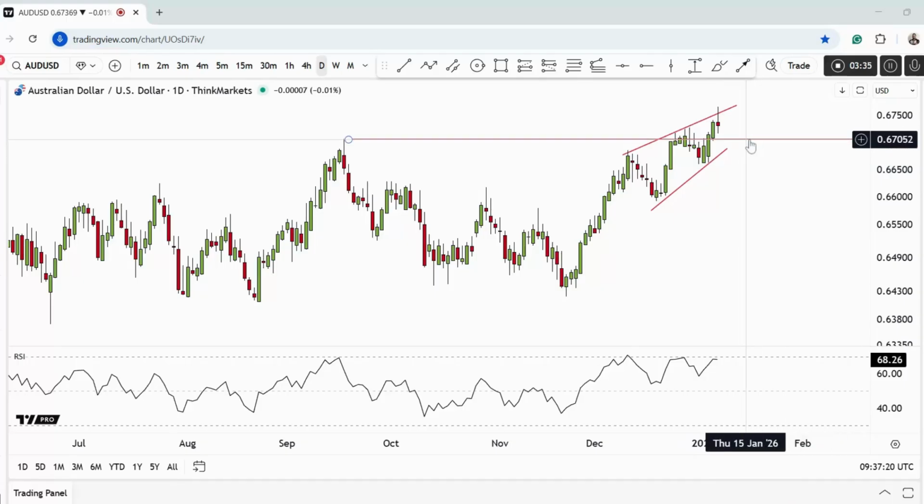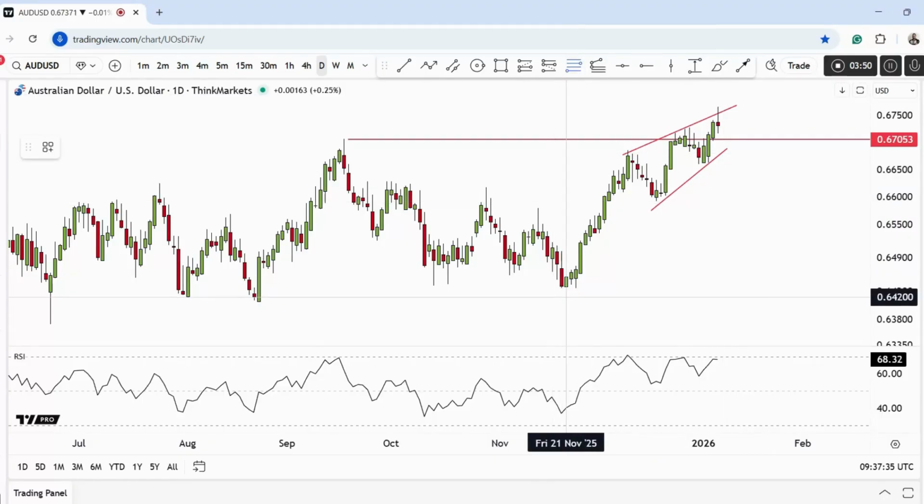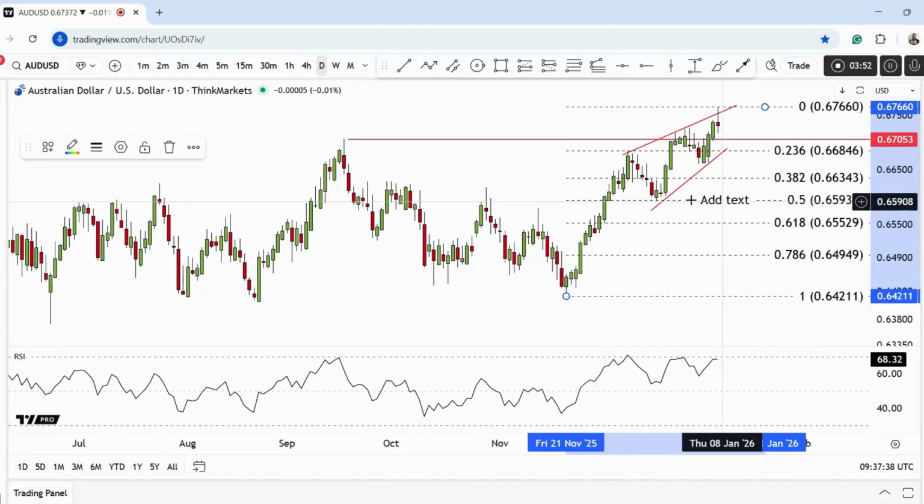And 67 is a major support, because if we lose that level, then we're going to go for the first trough of this wedge pattern at 66.60, and then the second trough of this wedge pattern at 65.91. And interestingly enough, this is also the 50 Fibonacci retracement of the entire leg to the upside.